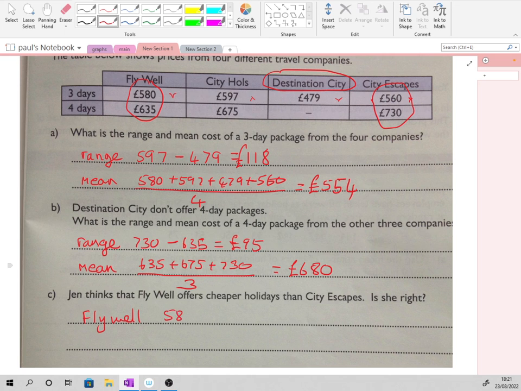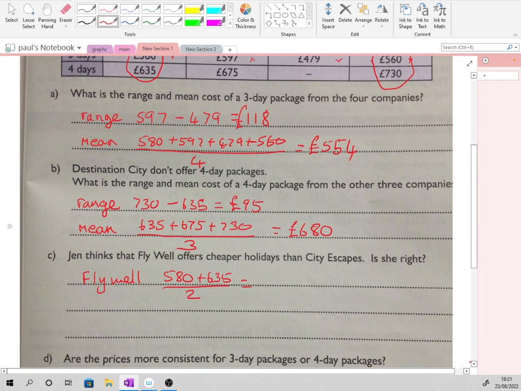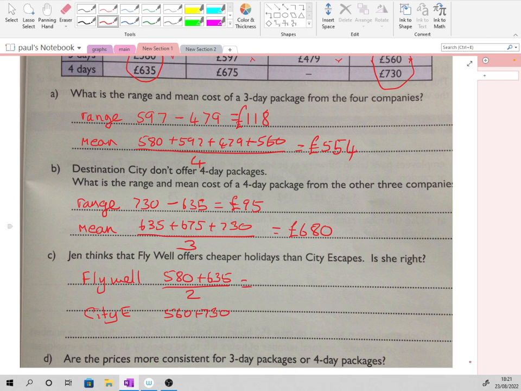So for Flywell we're going to do 580 plus 635 and divide that by 2. And City Escapes is going to be 560 plus 730, it's a big number, divide that by 2, and see what they come out at.